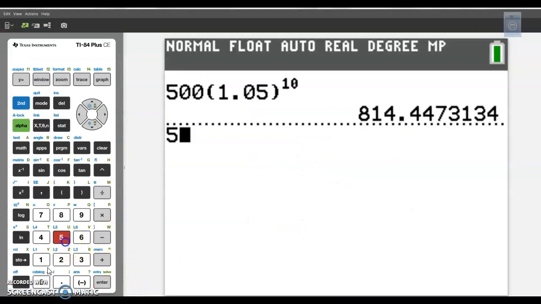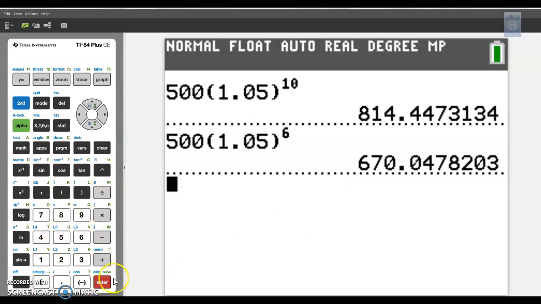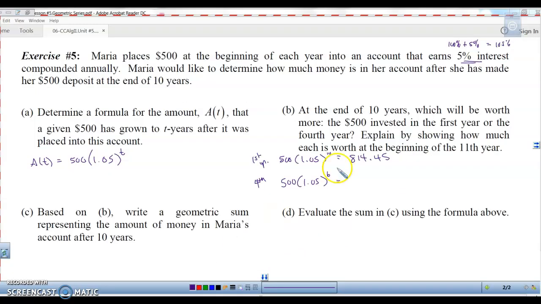So that would be 500 times 1.05 raised to the 6th power. Okay, so after 4 years, she's going to have $670.45. Okay, so that's how much would be in each account. So which one would have more? It would be this one, because she is investing longer for that particular one.